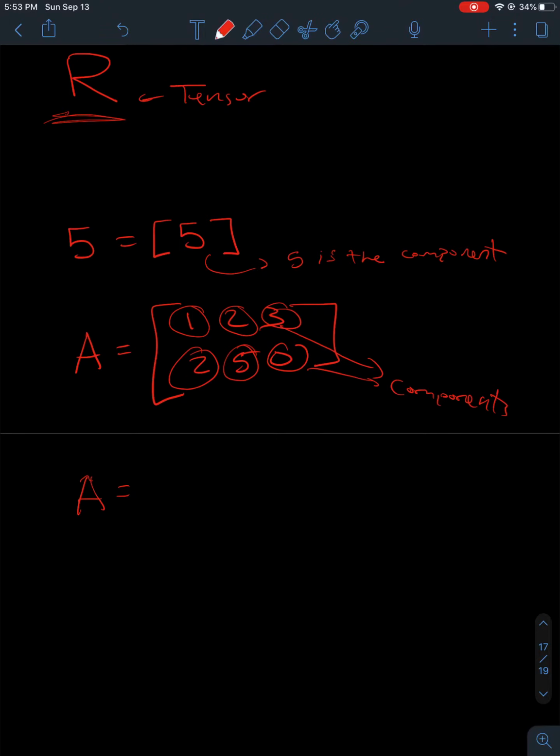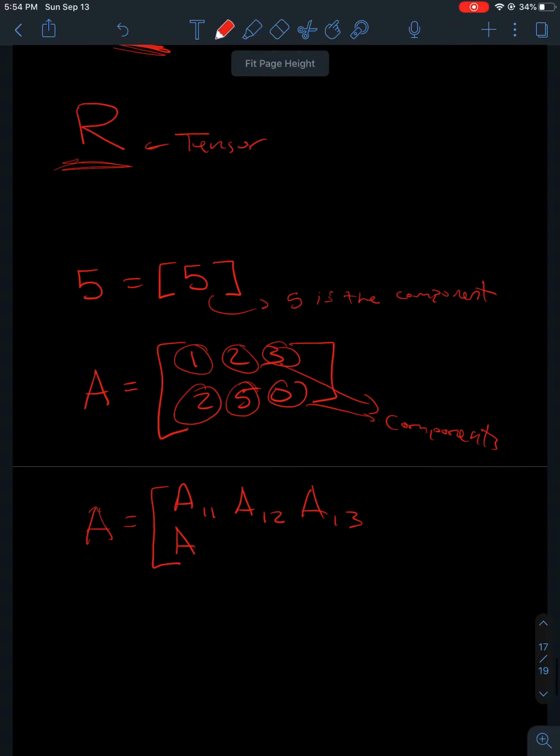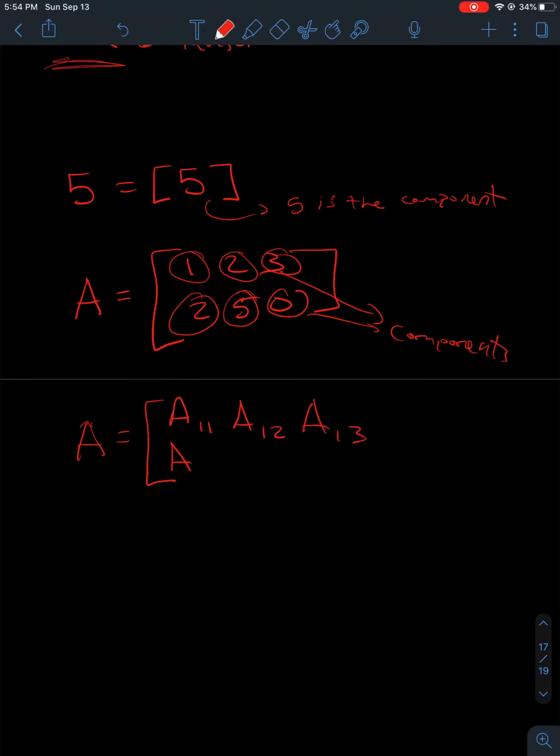And I can represent this matrix abstractly with the components A11, A12, A13, and A21, A22, and A23.